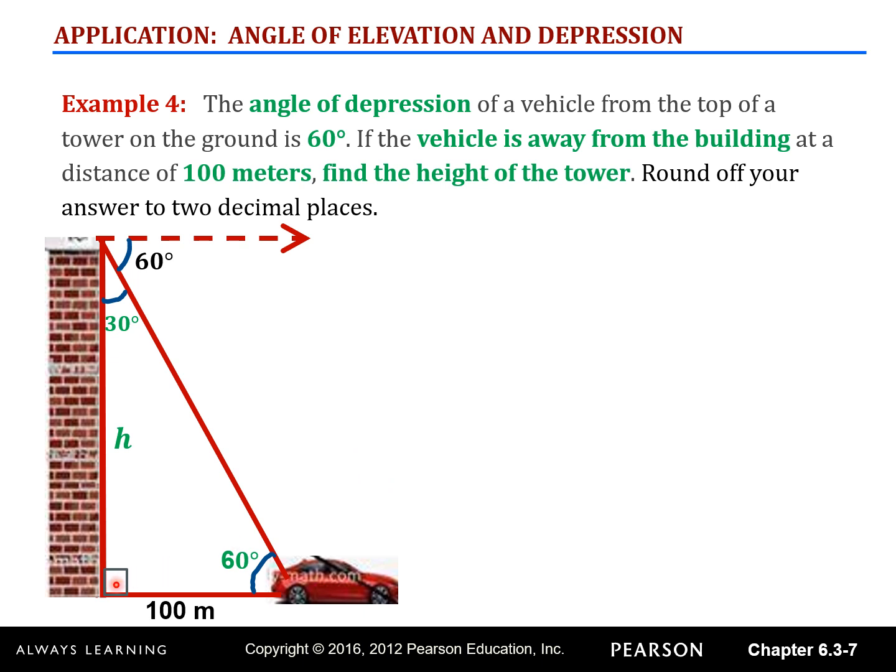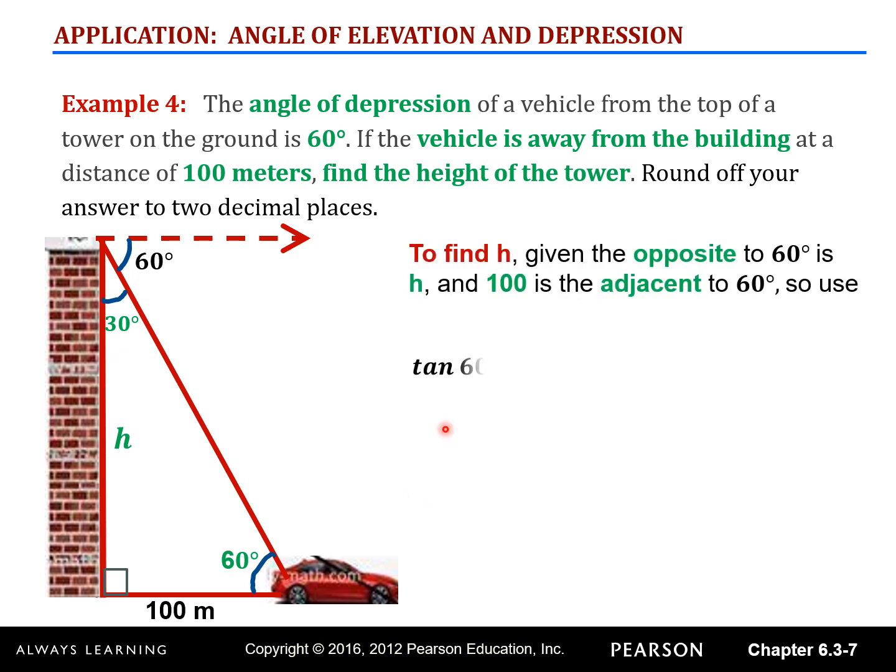So now in this right triangle, we have 30, 60, and 90 degrees. And h is opposite to 60 degrees and 100 meters is adjacent to 60 degrees. So if I refer to this angle, which is 60 degrees, we will use the function tangent 60 degrees is equal to the opposite of this angle over adjacent, so h over 100.